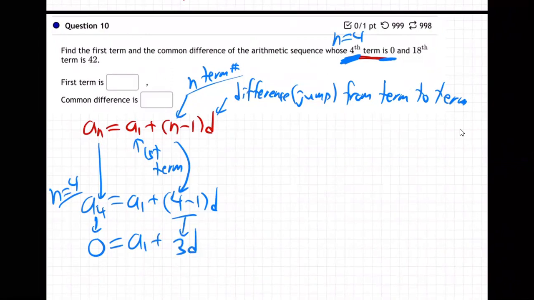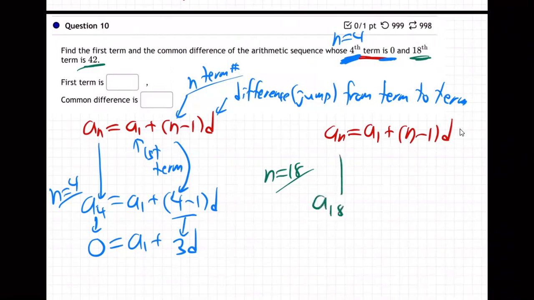Okay, now, next, right over here, I'm going to plug in what they say. 18th term is 42. Plug in n equals 18 into what? Same formula. We're starting with a sub n is a1 plus n minus 1 d again. This time we're plugging in 18.